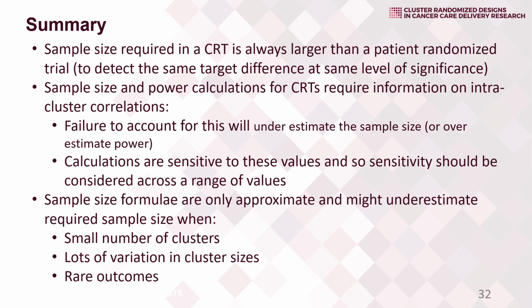The calculations are very sensitive to these values for the ICCs, and so we have to be careful to ensure either we have an accurate estimate of the ICC or that we consider sensitivity across a range of different values. And in fact, it's probably wise to do both. Care is also needed when we're using these sample size formulas in the setting of a small number of clusters, because those conventional power formulas may not be appropriate.